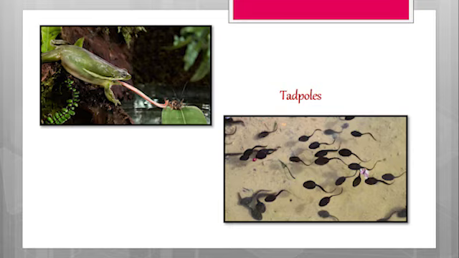And when a frog catches an insect, it throws its sticky tongue out of its mouth and wraps it around its prey. And then the frog's tongue snaps back and throws the food down its throat. So the stickiness of the tongue allows the frog to hold on to its prey so that it can't fly away. The second picture is of tadpoles.